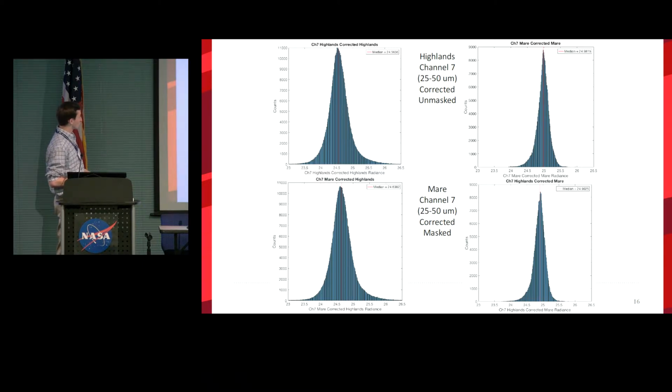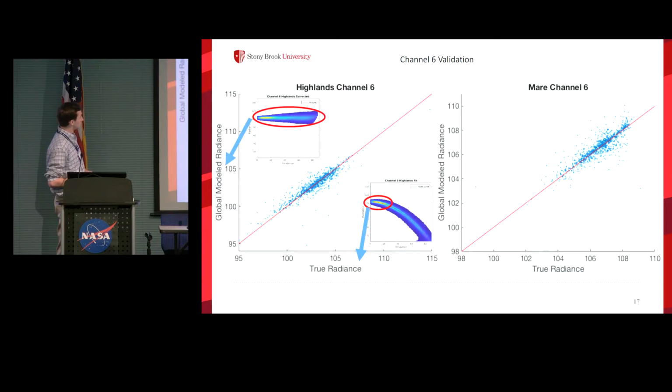An additional verification that I've used to check that the correction methodology is working is that I've compared the radiance values at low incidence angles to the radiance values at high incidence, after the correction has been applied, and plotted those against each other so that they should show up as a one-to-one relationship. And they do.